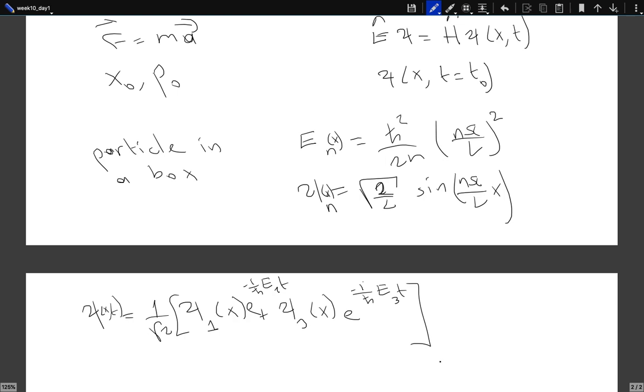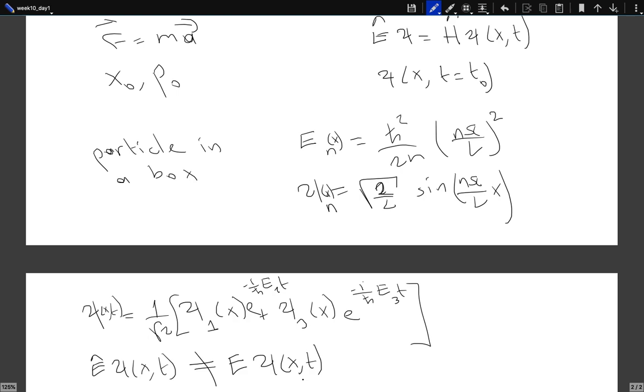Well, what is the energy of this particle? I don't know. If you act with the energy operator on this function, this cannot be written as some number multiplied by psi of x,t. This is not an eigenfunction of the energy operator. So if I measure the energy, what will be the outcome?